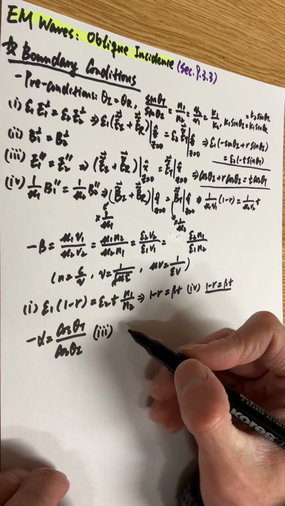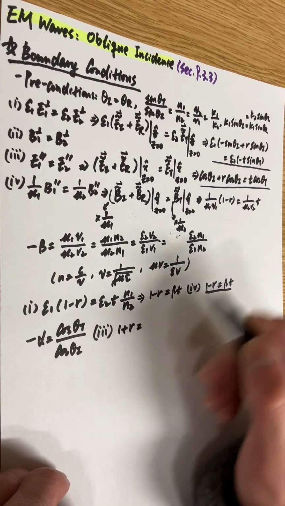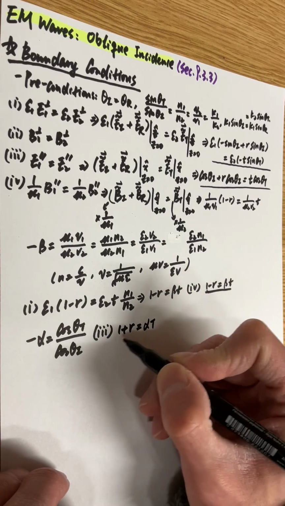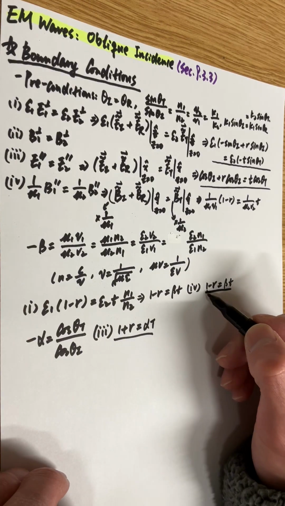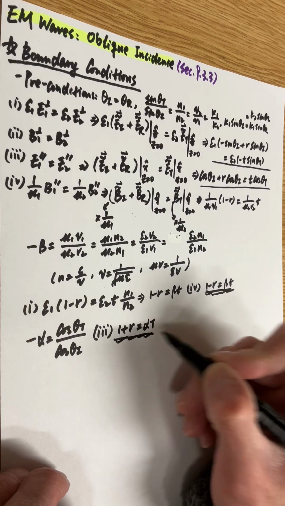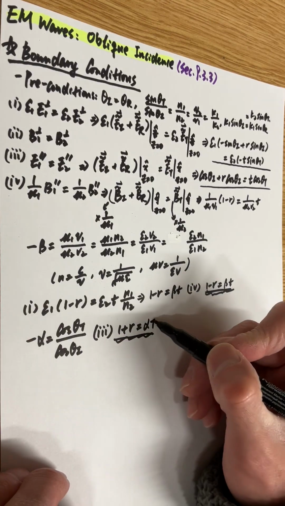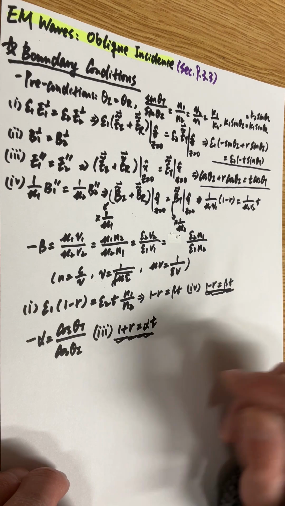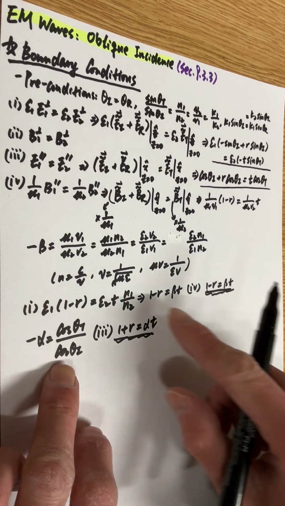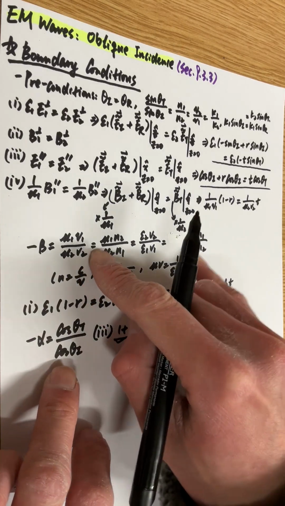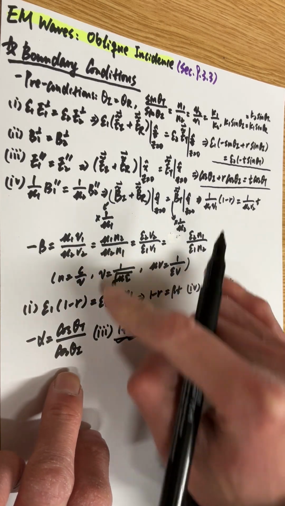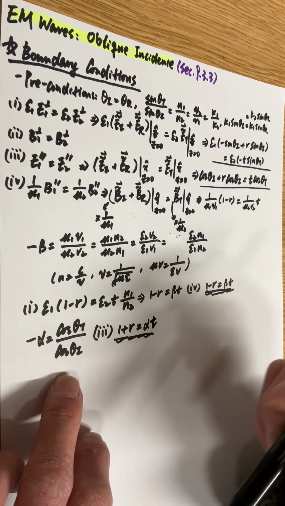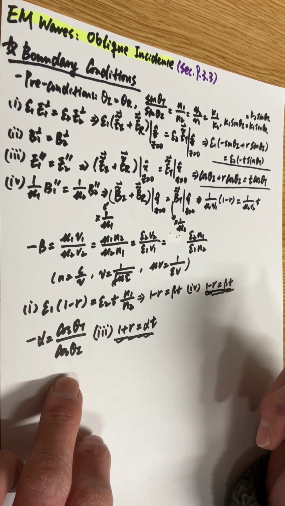This becomes 1 plus r equals alpha t. Now based on these two, we would be able to express r and t as functions of alpha and beta. Beta is only about the material, and alpha is only about the angle that we point to the surface.